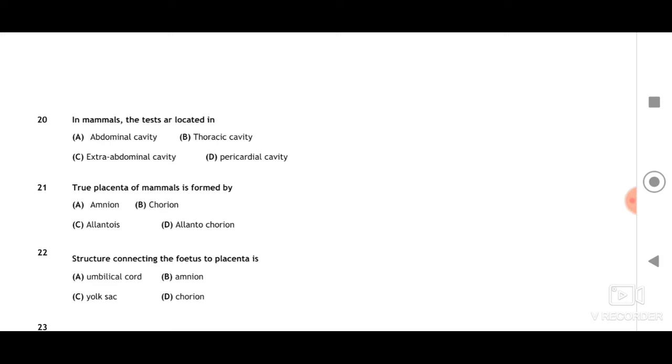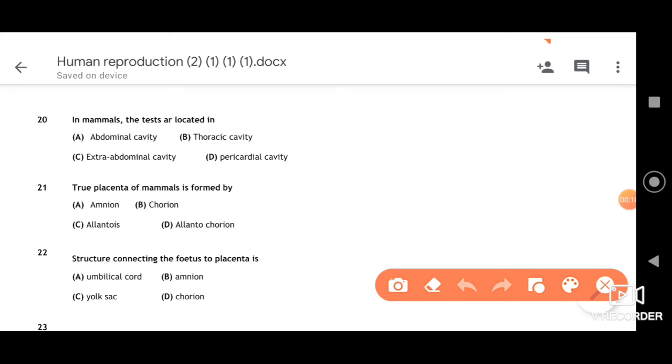Next question: in mammals the testes are located in. Dear students, as I told you, we find the testes in the extra-abdominal cavity.